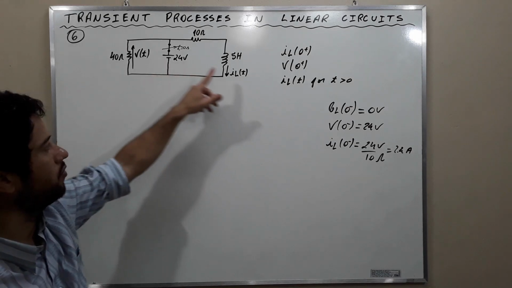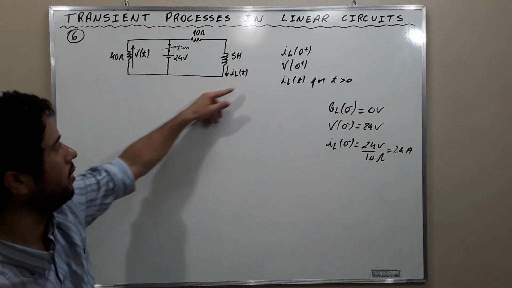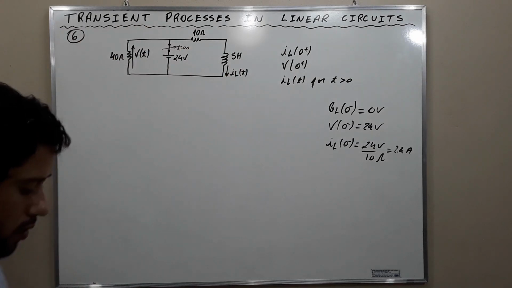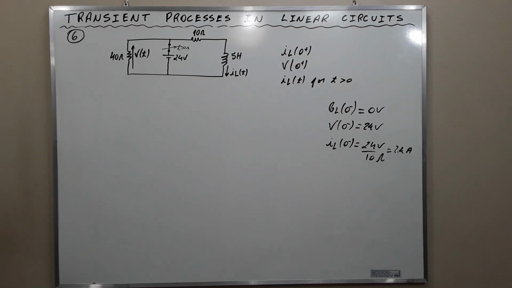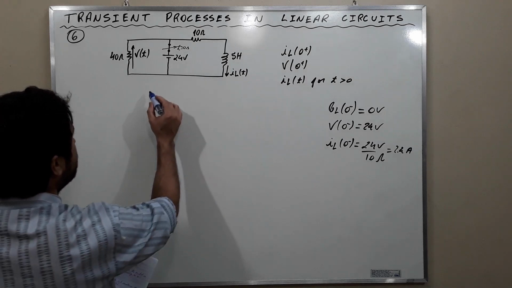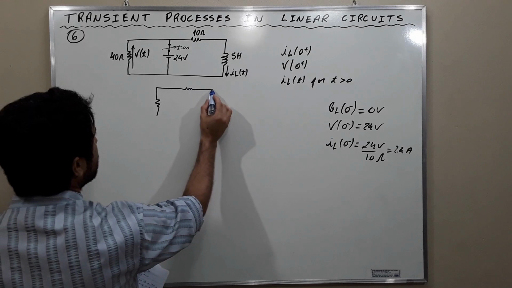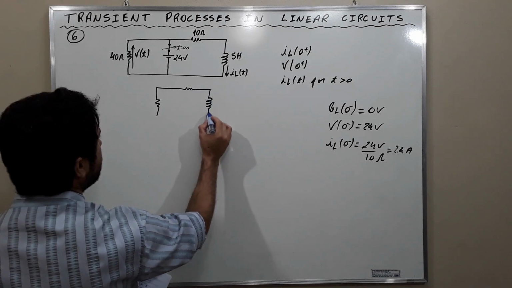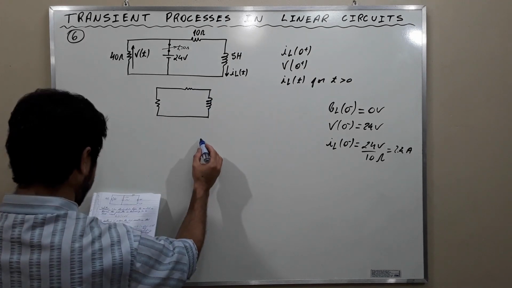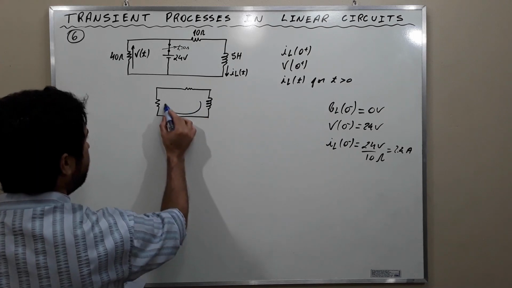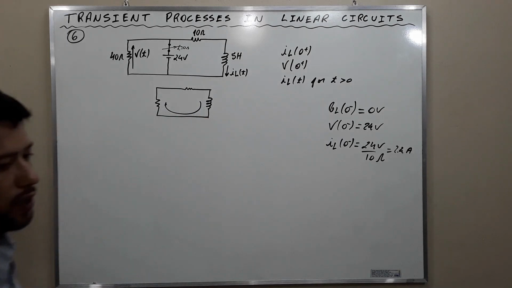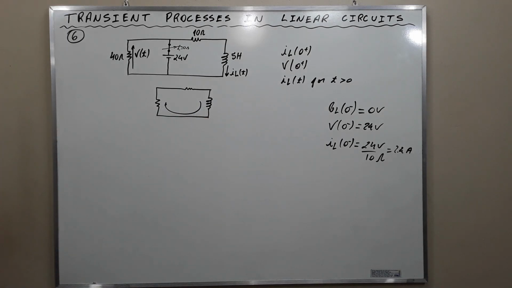What will happen is that the current stored here will flow through the resistors. And we are going to have a situation like this, without the source. And current will flow from the inductor to the resistors.